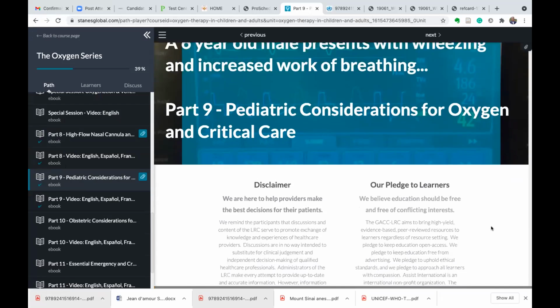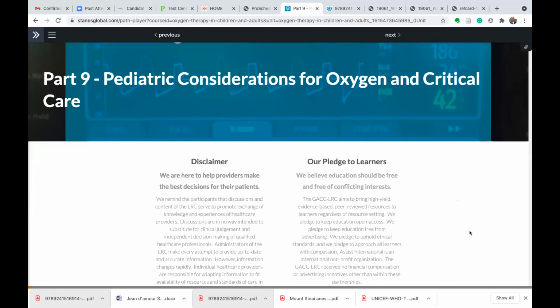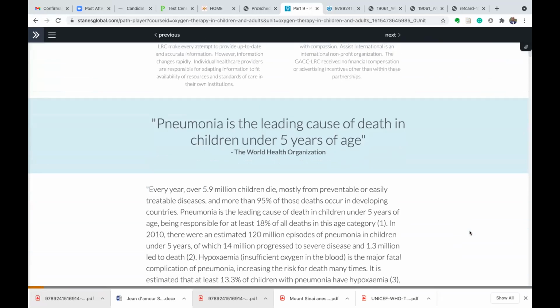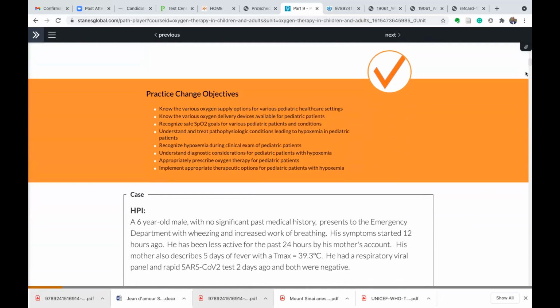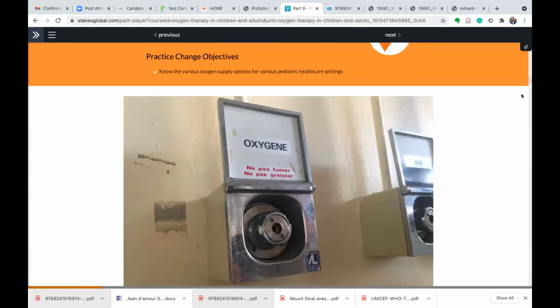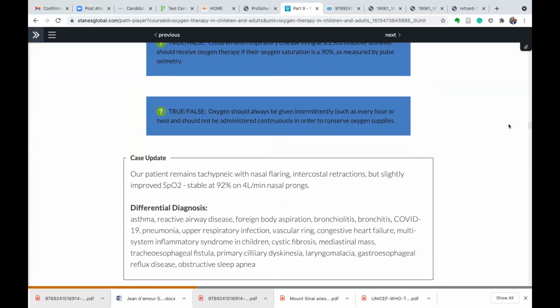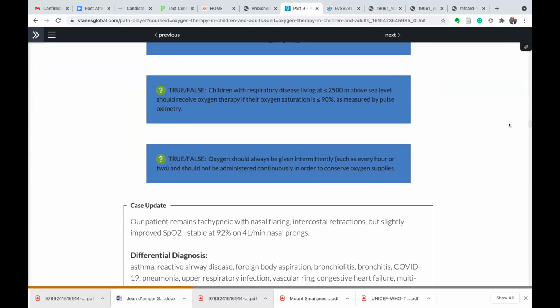Give me a second so that we go to the next question. Yeah, so the next question is true or false? Oxygen should always be given intermittently, such as every hour or two, and it should not be administered continuously in order to conserve oxygen supply.